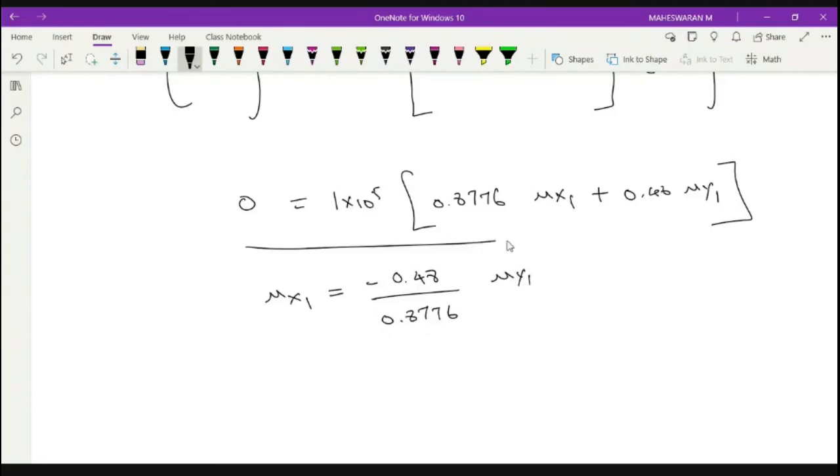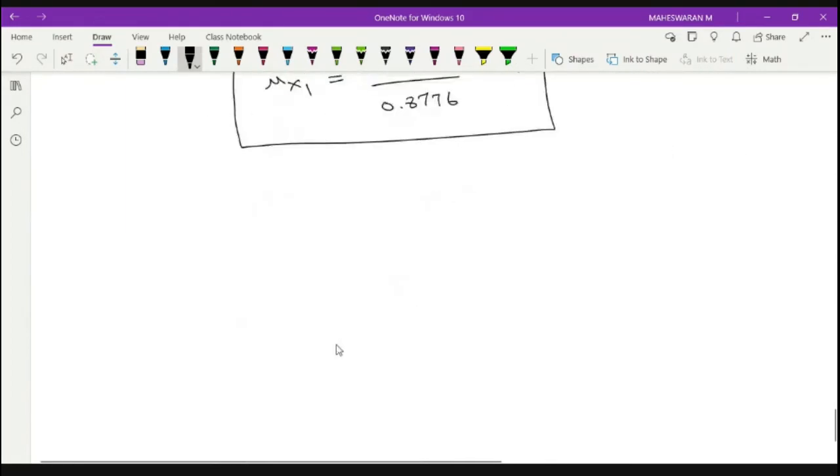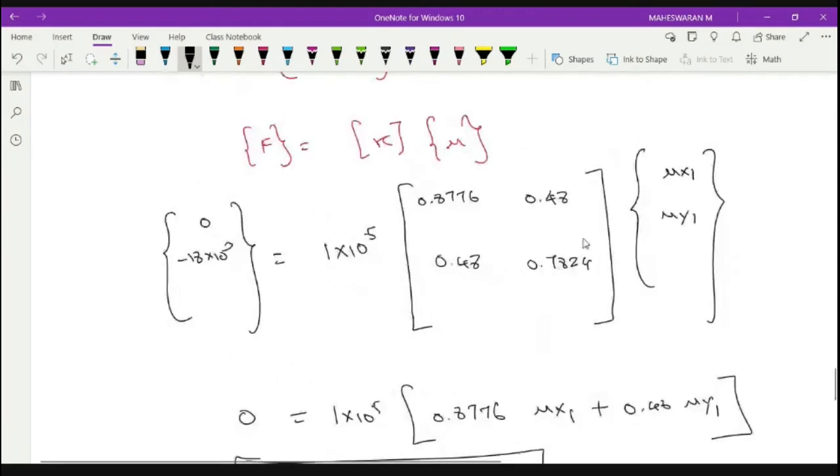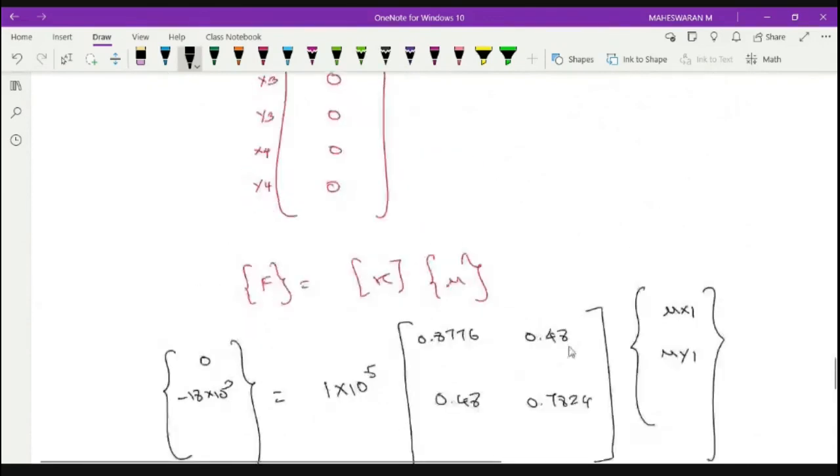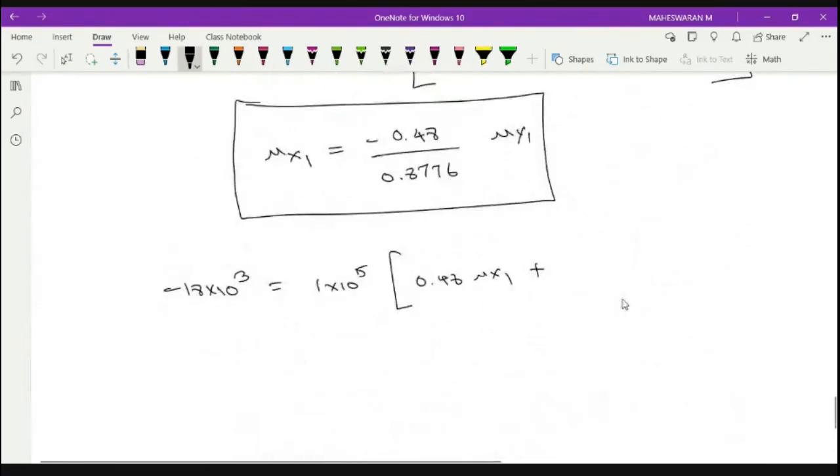So this is a term you will be getting, after substituting these things. Next, you will get another term: minus 18 into 10 power 3 is equal to 1 into 10 power 5 into 0.48 ux1 plus 0.7824 uy1. So that's it.